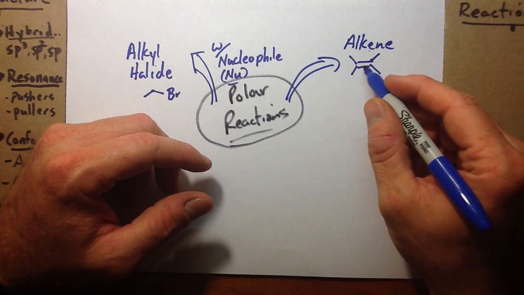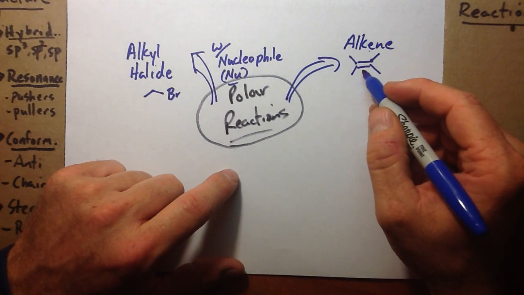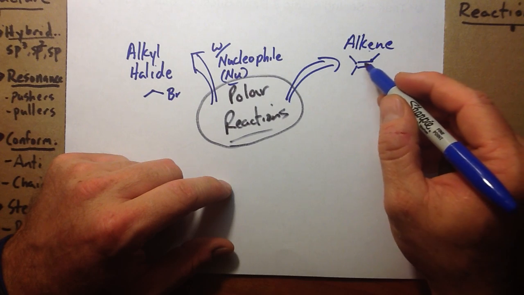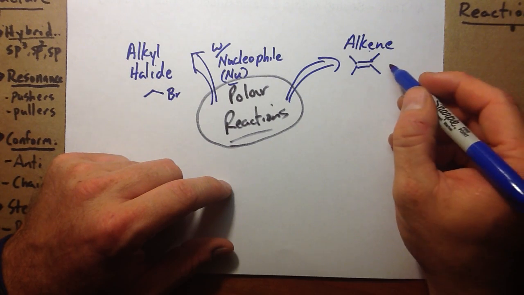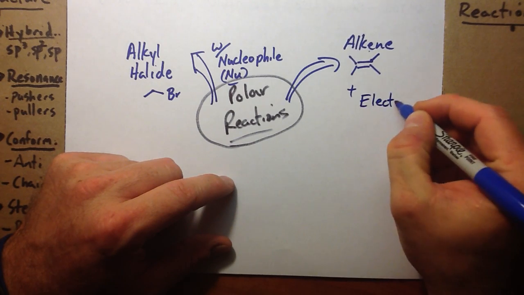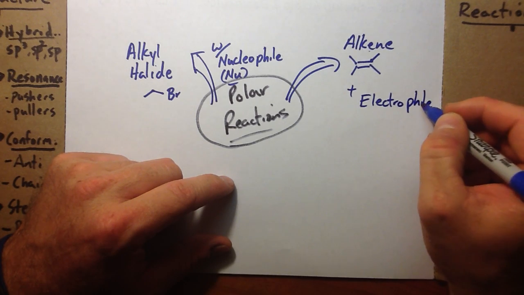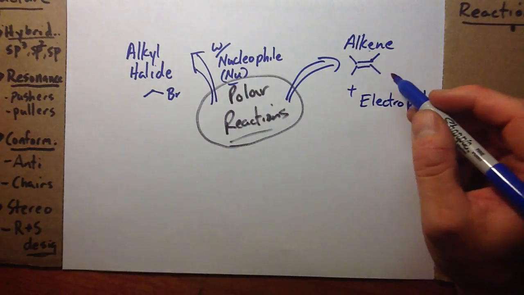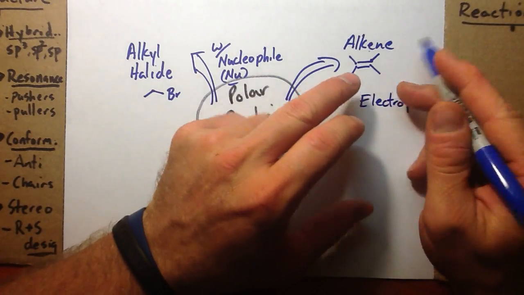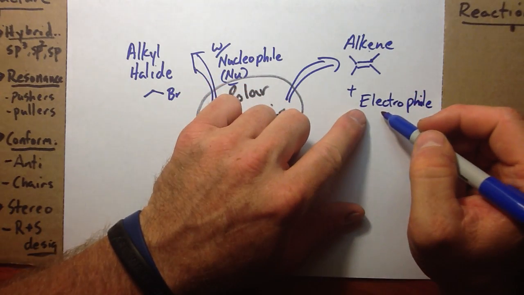A double bond, which we now know through orbital theory, is a sigma and a pi bond together. It's a sigma and a pi underneath the double bond. We're going to be considering alkenes with electrophiles. Electro, that's electron. Phile, loving. So we're going to have something attacked by the pi electrons, because these are the richest site within your alkenes of excess electrons, and they're going to attack the electrophile.